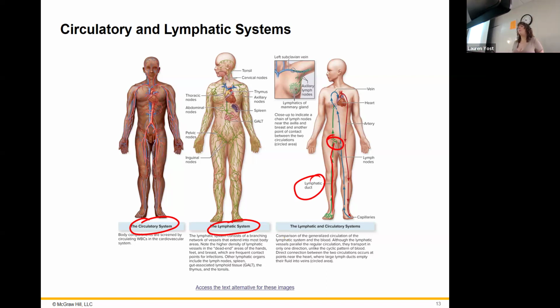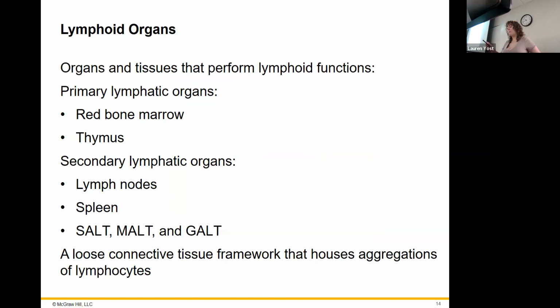We have pretty prominent ones in the groin and in the underarm and like the neck here, right? So you can palpate those whenever they are getting pretty swollen. There's other ones you can probably find in your body. You have quite a lot of lymphatic tissue in your gut, and that has to do with your microbiome in your gut training your body what is friendly and what's not. So all right, I think we're already learning some stuff about the immune system you probably didn't know.